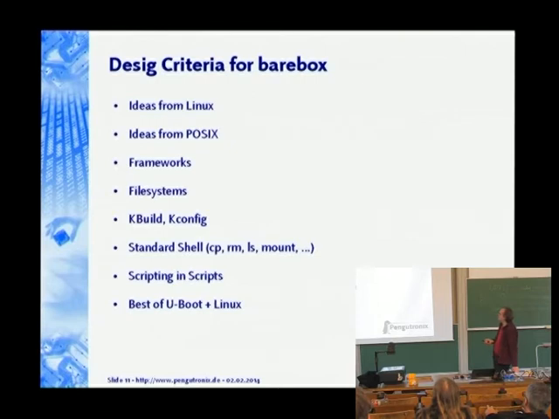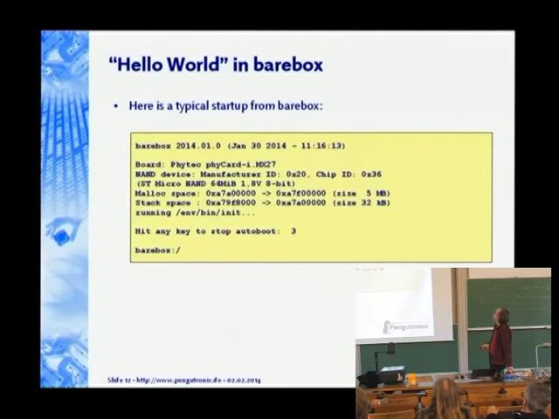We have a standard shell, one of the busybox shells, where you can use commands like copy, rm, ls, and all these things. We have real scripting, and so basically the idea is to get the best of U-Boot and Linux and mix that together and still do it the bootloader way, without interrupts, without having things in parallel and these things.